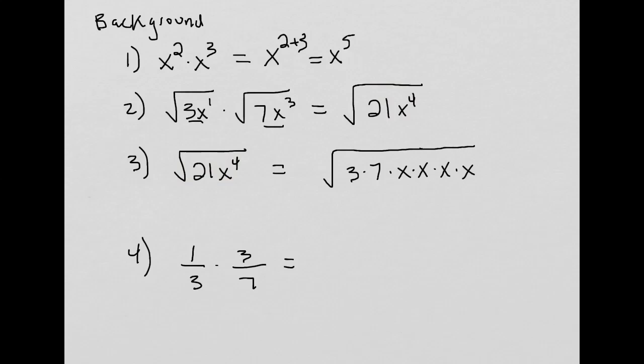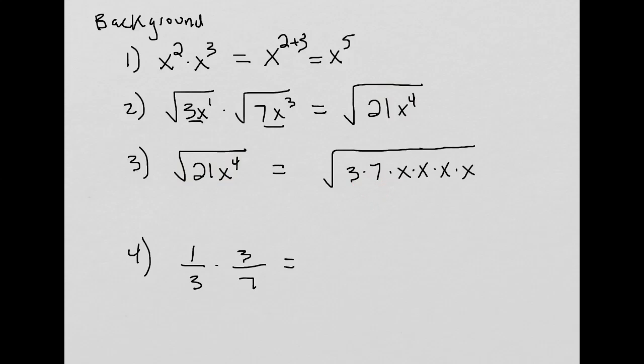When I'm simplifying this, again, for every group of two factors, I can pull one out. If we look at the 3, I'm stuck there because I only have one 3. So this 3 is going to have to stay underneath my radical. The 7, same thing. I've only got one 7, so my 7 is going to have to stay under the radical.